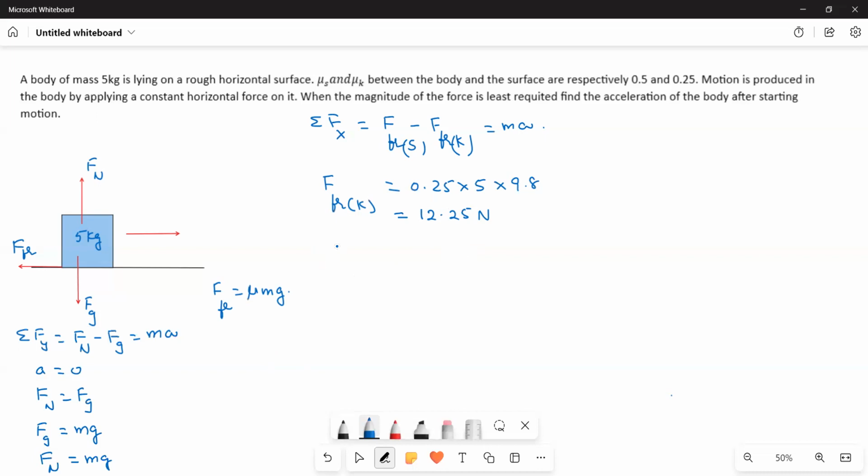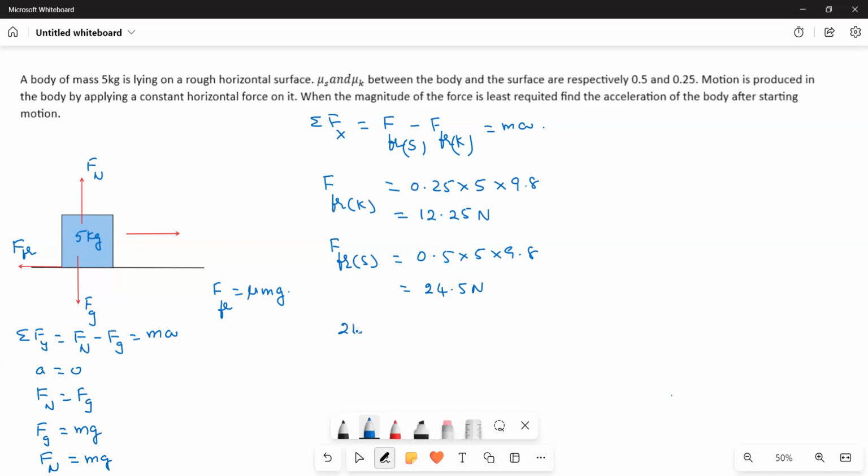Now we have to find out the static friction value. F static is equal to 0.5 times 5 times 9.8. What is the value of this one? This gives 24.5 newtons.